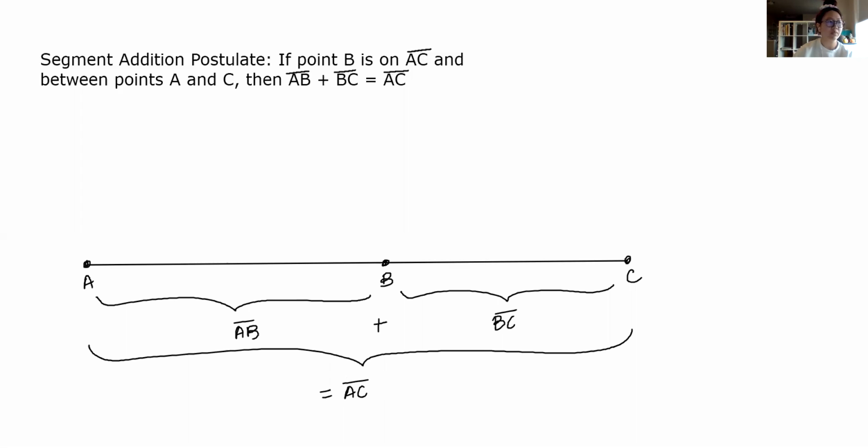The last postulate that we talked about was the angle addition postulate. So the angle addition postulate says if point D lies in the interior of angle ABC, then the measure of angle ABD added to the measure of angle DBC equals the measure of angle ABC.